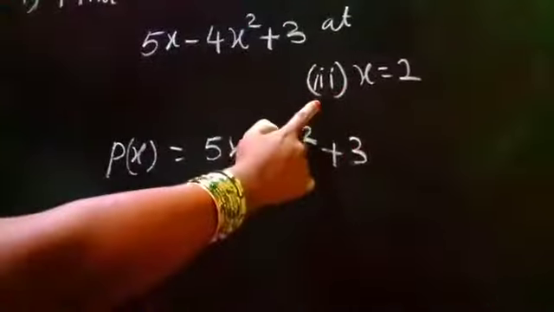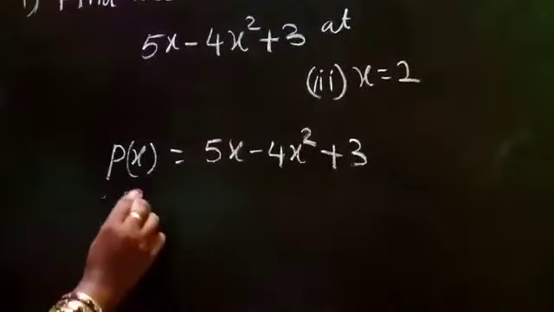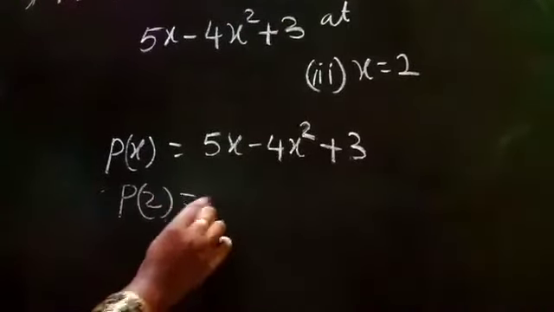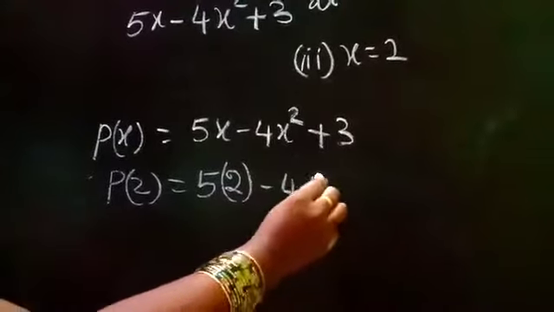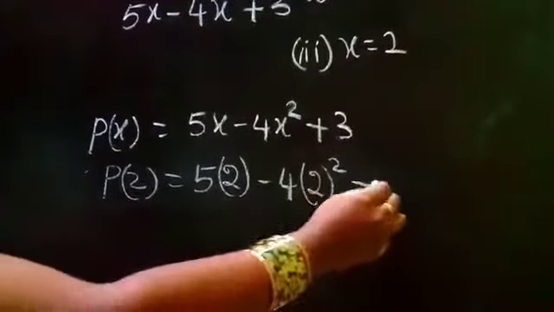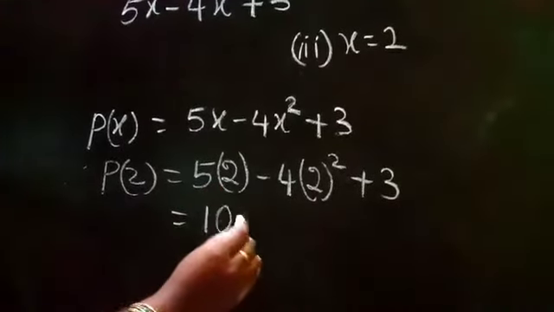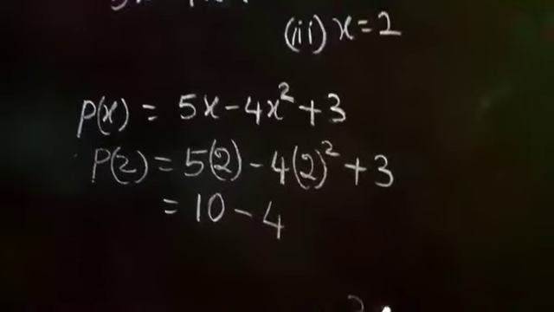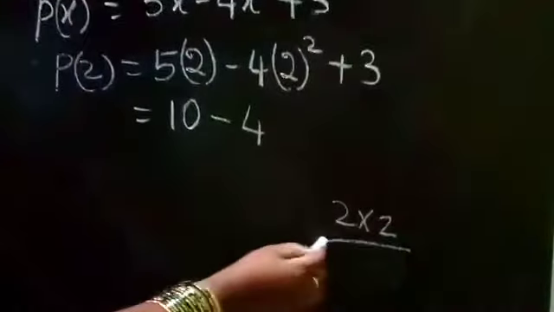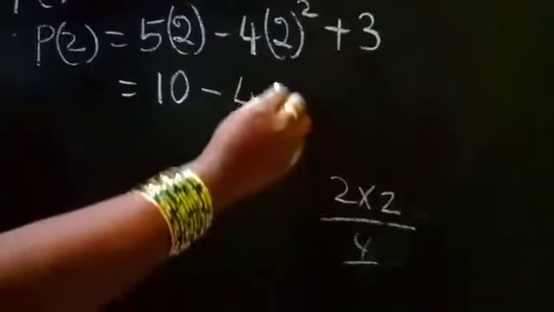Now the third one, x equal to 2. We are going to apply it in this place. So p of 2 equal to 5 into 2 minus 4 into 2 square plus 3. Now 5 2s are 10, minus 4, 2 square means we have to multiply 2 two times. So 2 2s are 4. We apply it in this place.